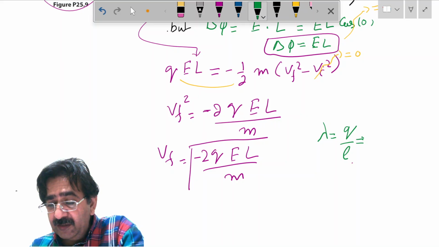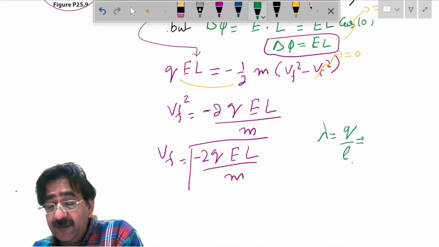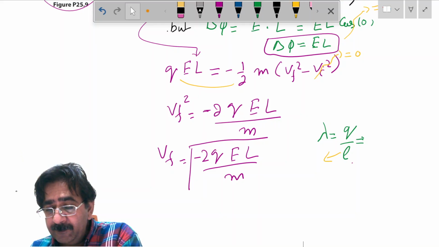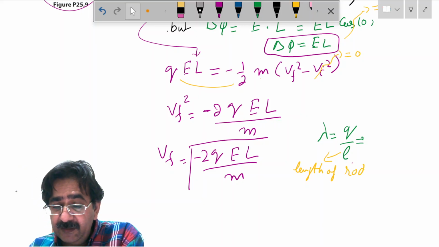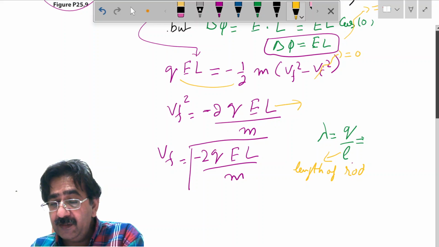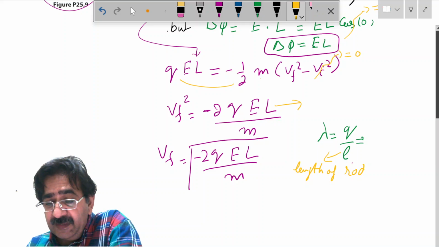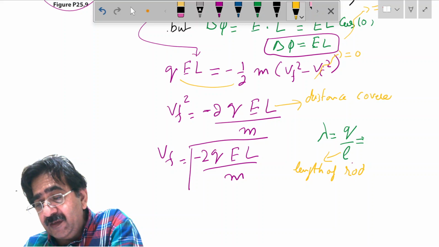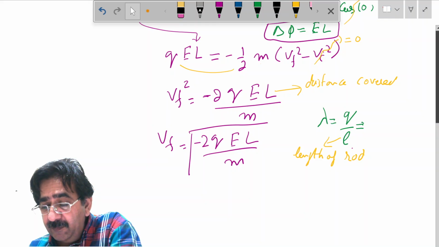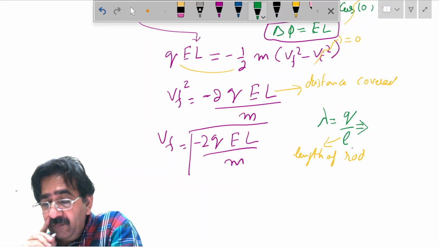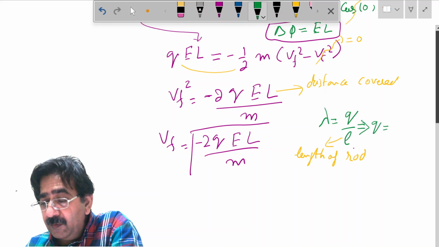Always remember this charge is distributed on the rod, so that will be Q over L. This L is actually the length of the rod, and this L is actually the distance covered. So always remember this difference. So Q equals lambda L.